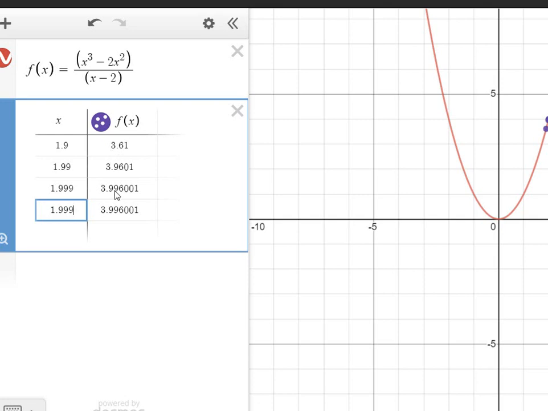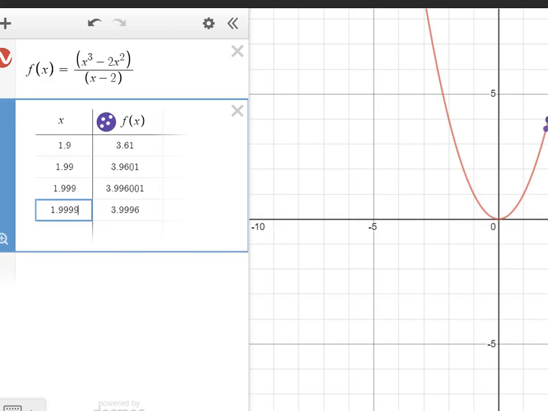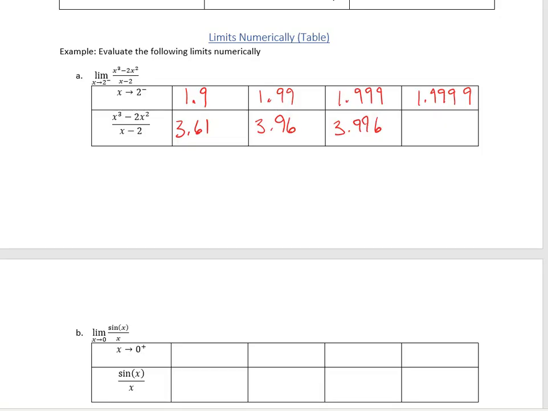Now, if we take these values and write them into our table, we get out 3.61, 3.96, 3.996, and I think the next one was 3.9996.